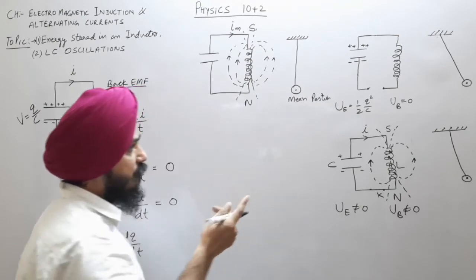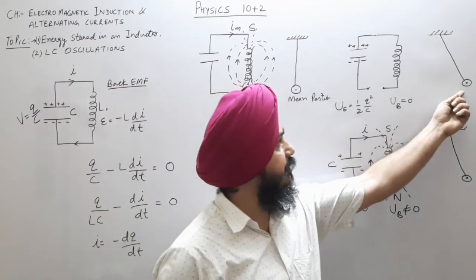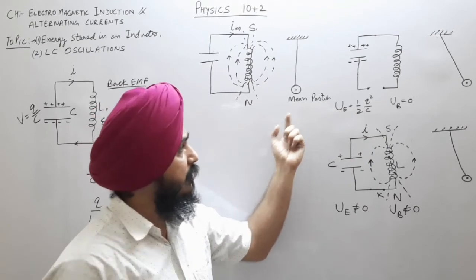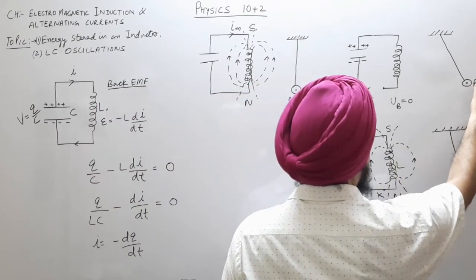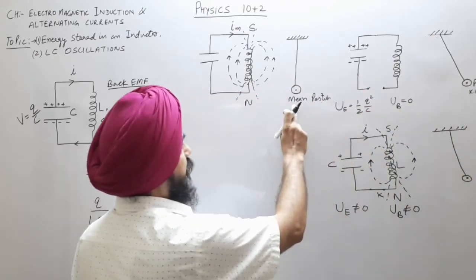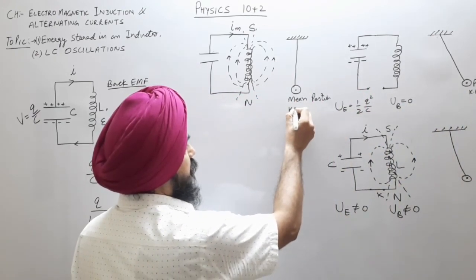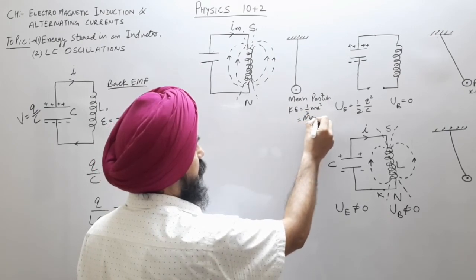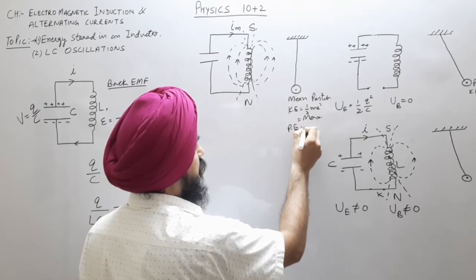So one type of energy which was present here is converted 100% into another form of energy. Here it has potential energy maximum but kinetic energy equal to 0. Here kinetic energy equals half mv square, or you can say maximum, but potential energy is 0.